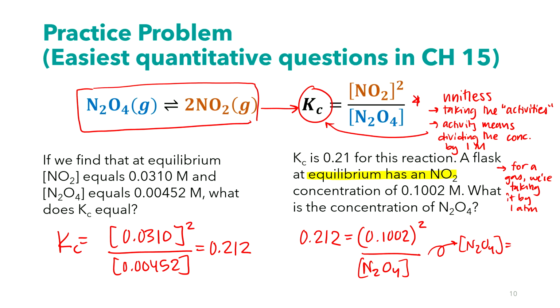Did you guys get 0.0474? And that is in molar. Okay. Yes? Okay. The key reading piece here to make this a simple problem is that I tell you it's equilibrium. Okay?